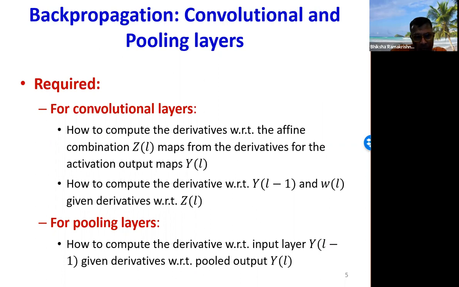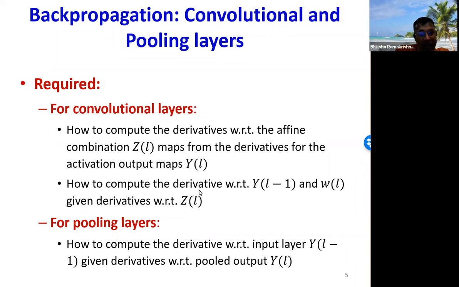For convolution layers, remember, a convolution layer consists of two operations. In the first, you compute a collection of affine maps. In the second, you apply activations to these affine maps to obtain output activation maps. The affine maps at the Lth layer are represented using Z of L, and the output activation maps are Y of L. So going backwards, when you have the derivatives of the divergence with respect to Y of L, how do you compute them with respect to Z of L?